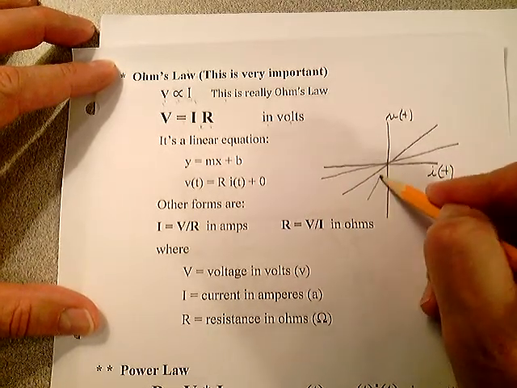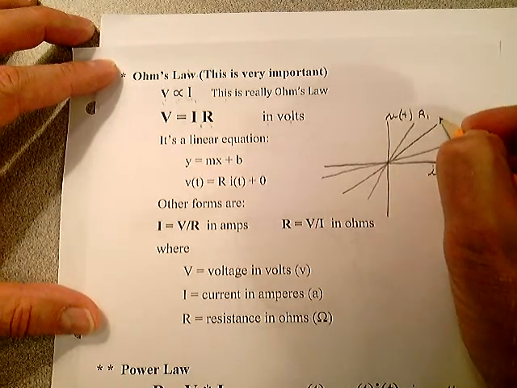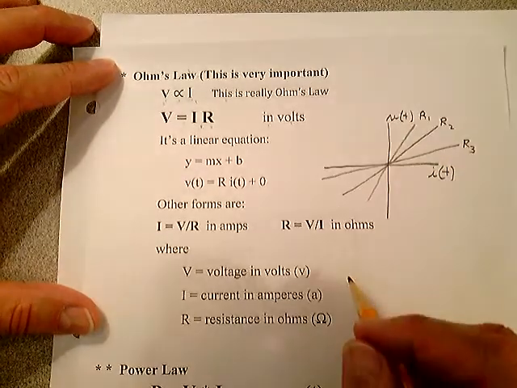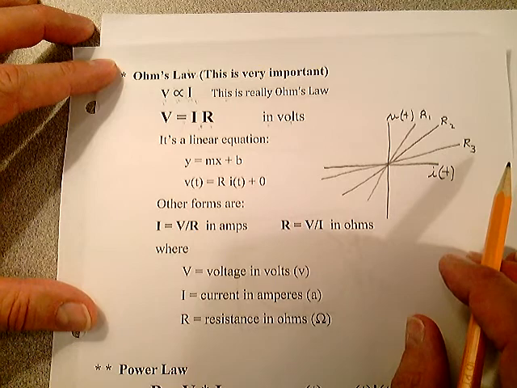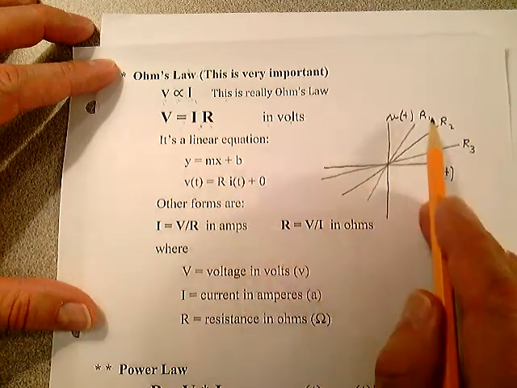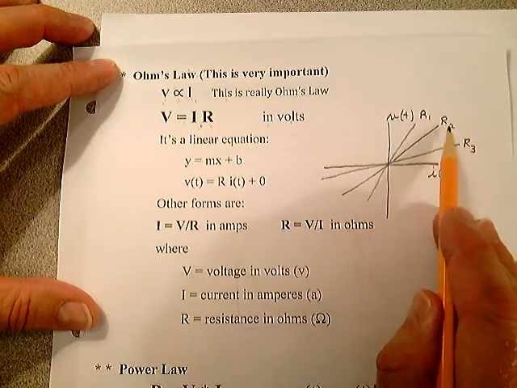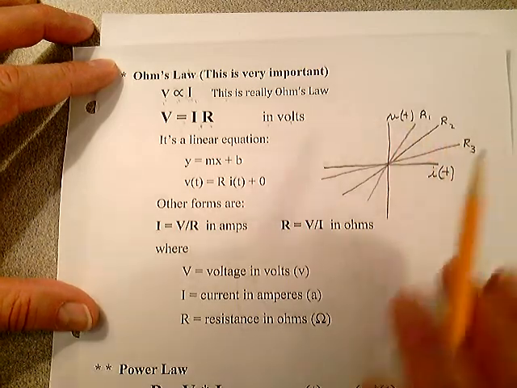Another resistance value would plot like that. Let's call this R1, let's call this R2, and let's call this resistance value R3. They're all linear. Resistance values are linear. Obviously, in this case, since R is the slope, R1 is a greater value resistor than R2, and R2 has to be a greater value resistor than R3, arbitrarily speaking.